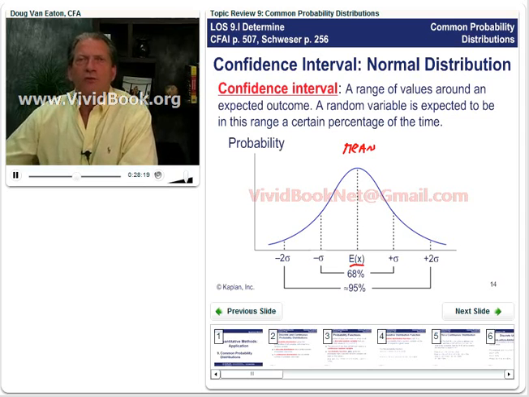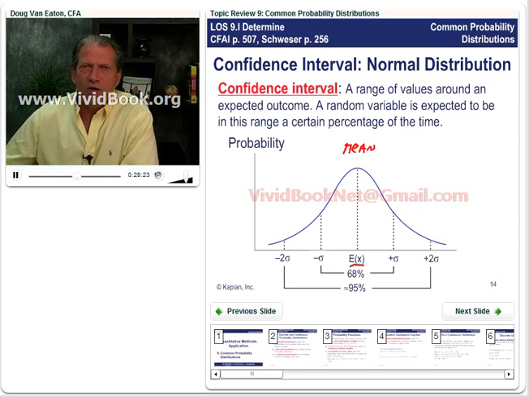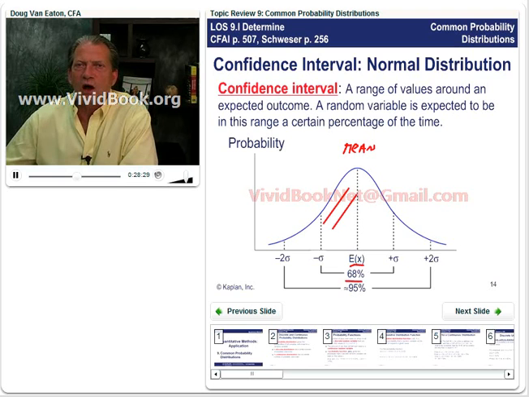And we say for a normal distribution, 68% of all of the possible outcomes are right here within plus or minus 1 standard deviation either side of the mean.